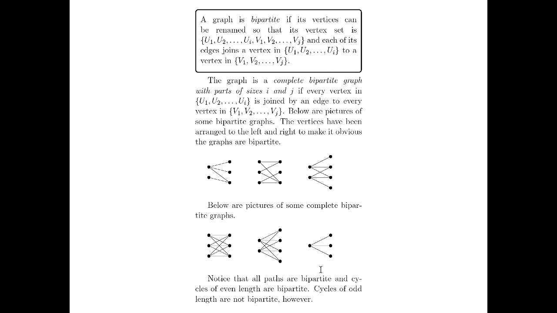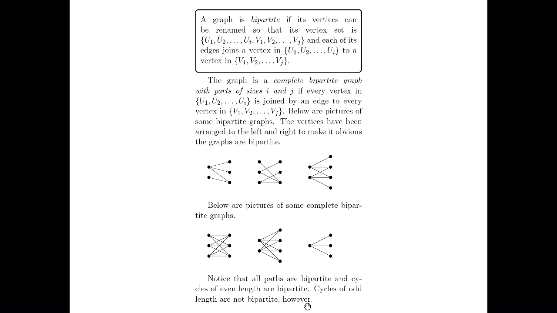So if you check, this is a little bit of foreshadowing. Paths are always going to be bipartite, right? Because we can always draw a path like that, right, across. Even cycles are going to be bipartite. We saw before that a cycle of length 4 we can draw as that, right?